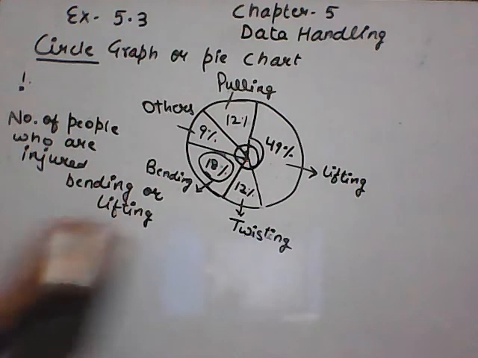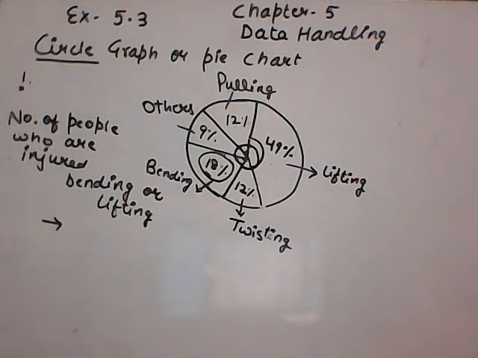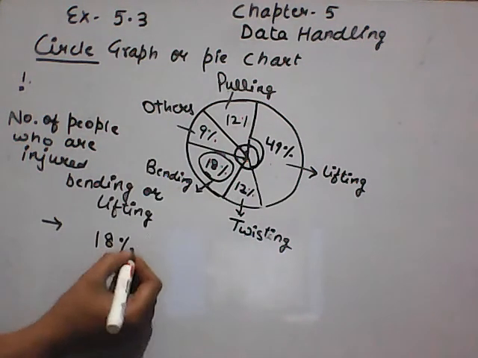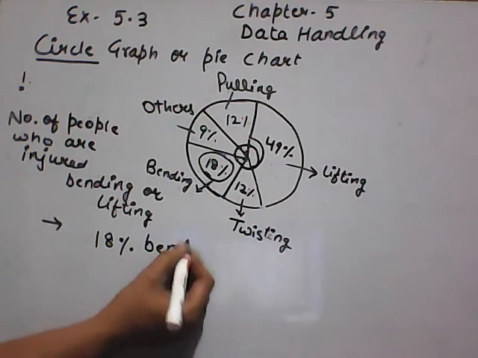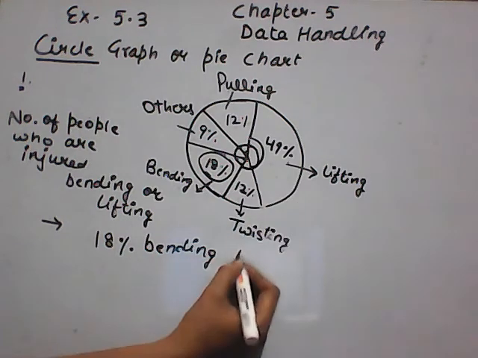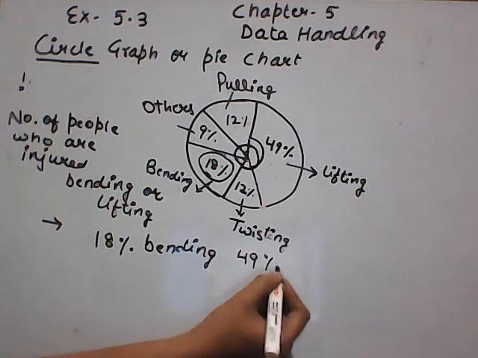That means you have to find out how many people are injured while bending or lifting. By observation of the pie chart, we can find out that 18% of people are injured by bending and 49% of people are injured by lifting.